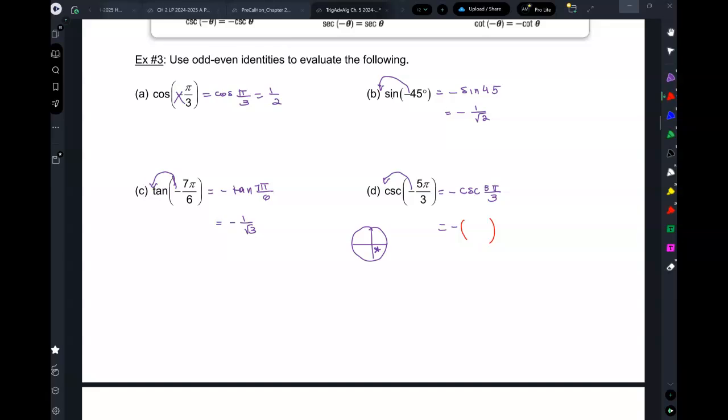Oh no, I'm sorry, cosecant is like sine. So in here, it's negative root 3 over 2. So the cosecant here is negative 2 over root 3. So then the negatives would cancel. So it would be 2 over root 3.